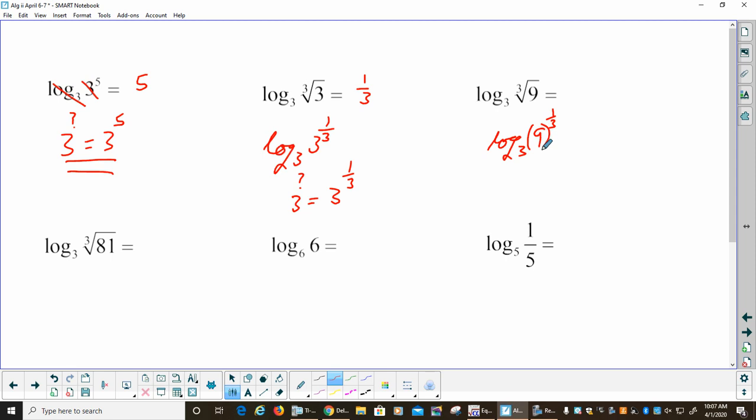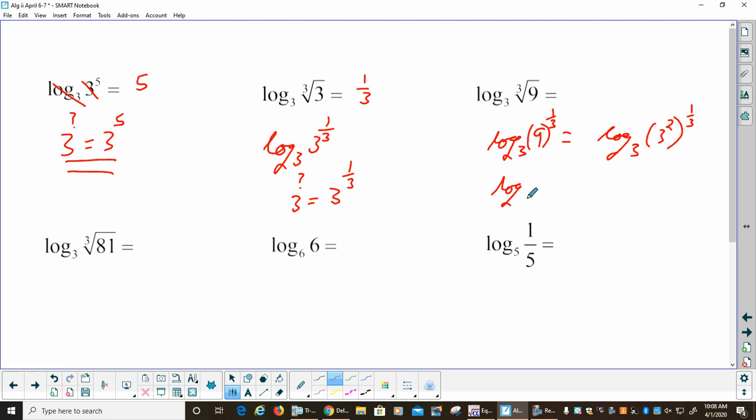Now I'm going to rewrite that 9 just a little bit. That's saying log base 3 of 3 squared to the 1/3. And we said that when you have an exponent on an exponent, you multiply your exponents.